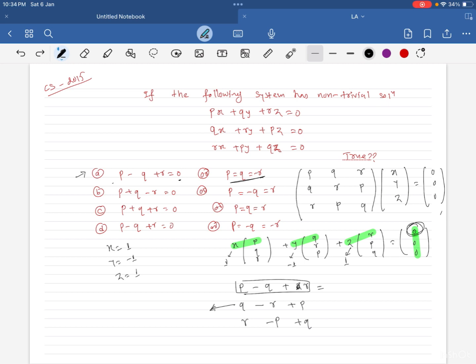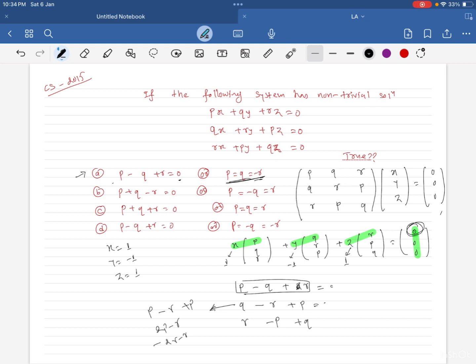So even if we use this condition, p is equal to q, then p minus r plus p would be 2p minus r, and p is equal to minus r, so that would be minus 2r, so that is not going to be 0, right?